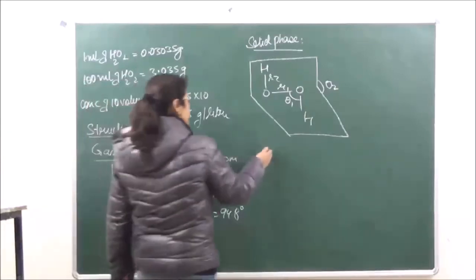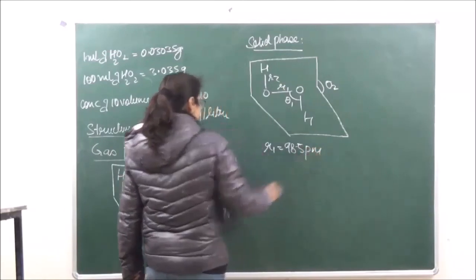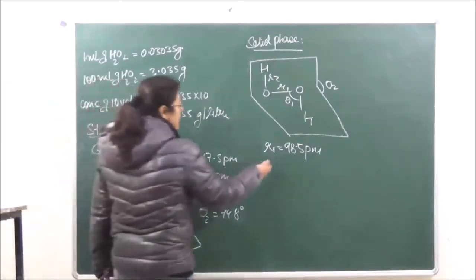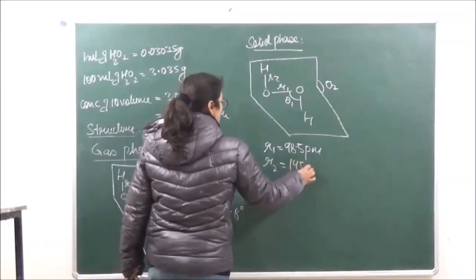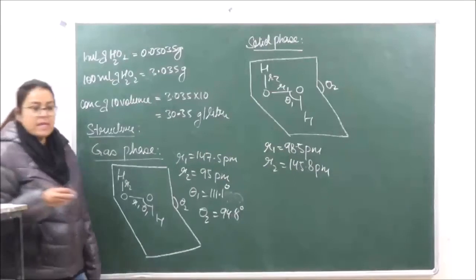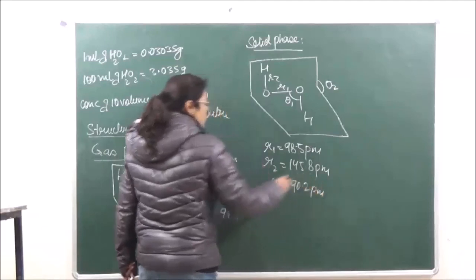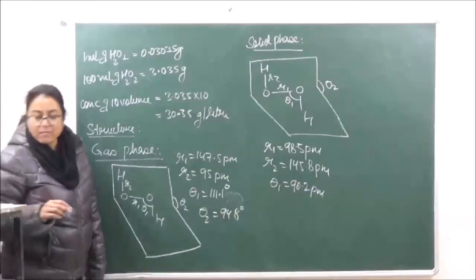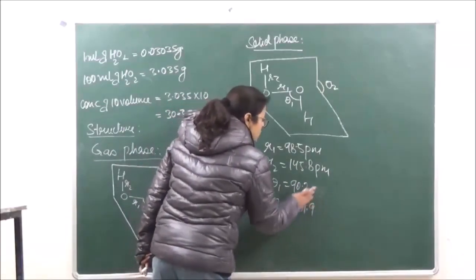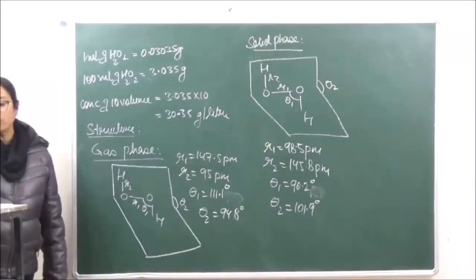R1 is very less with respect to the one in the gaseous phase. It is only 98.5 picometers. Then we have R2, which is going to be larger. It is 145.8 picometers, right? And then we have theta 1, which is 90.2 degrees, and theta 2 is 101.9 degrees, right? So this is going to be the structure.